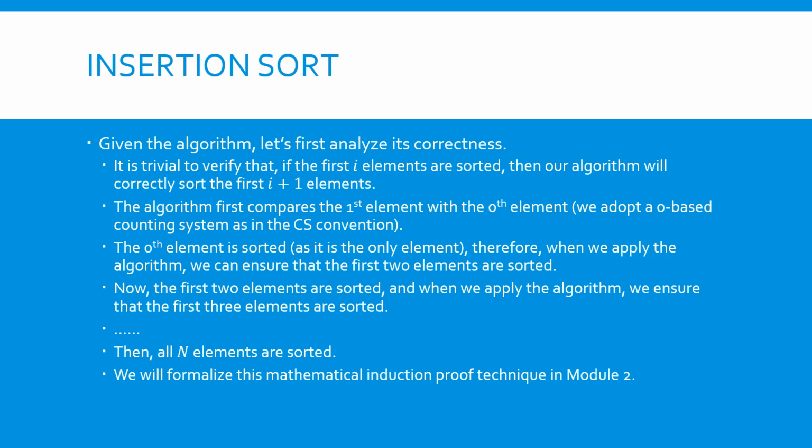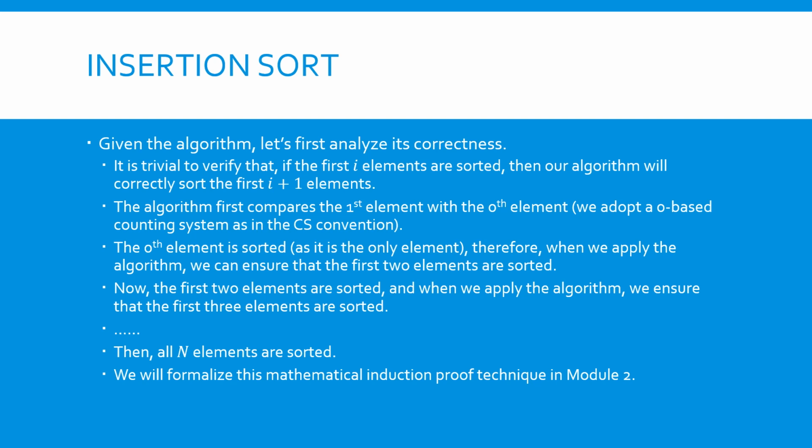The algorithm begins with the base case of assuming the first element is sorted, which is obviously true. It moves on to consider the second element, and because the first element is sorted, the algorithm will sort the first two elements. It then considers the third element, and because the first two elements are sorted, the algorithm will sort the first three elements.